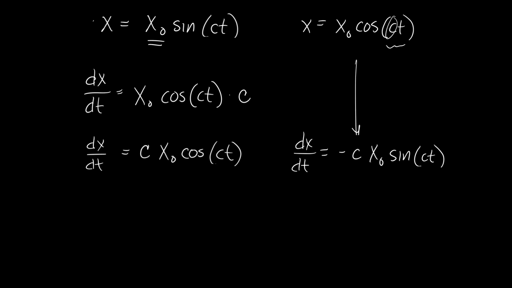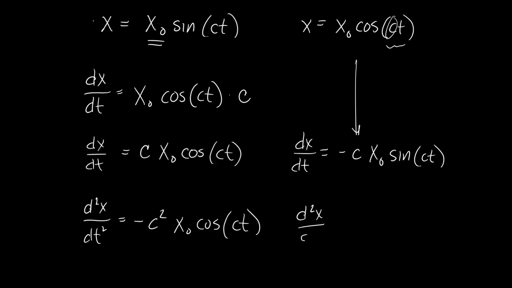So take the derivative again, because we don't care about the first derivative, we care about the second derivative. So I'm going to take the derivative again. Since it's going to pop out another constant, it's going to be the same constant, so you just get c squared. And since the negative sign is already here, it persists, because the derivative of sine doesn't produce a negative sign.